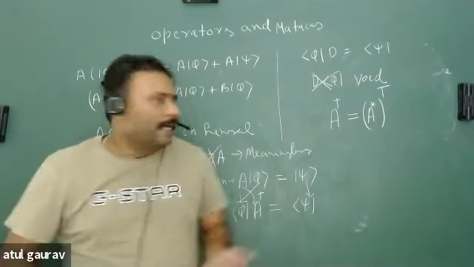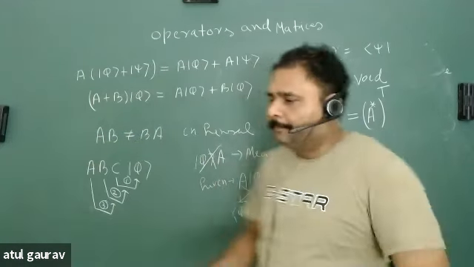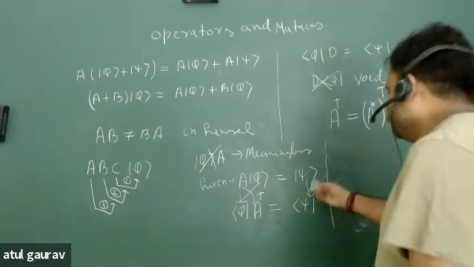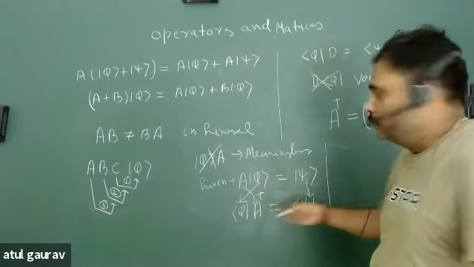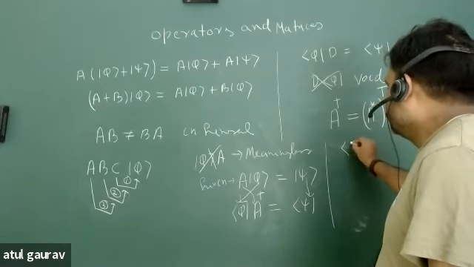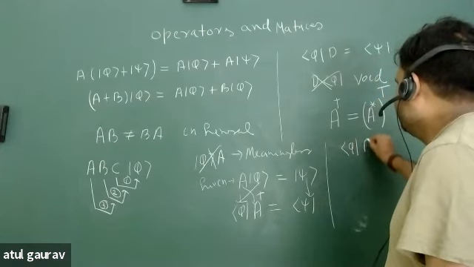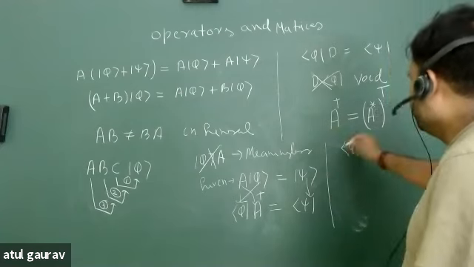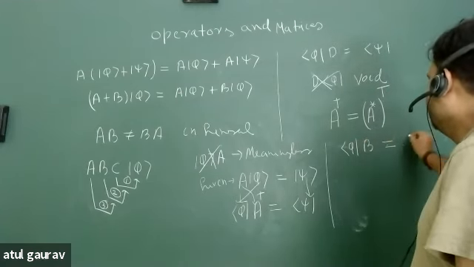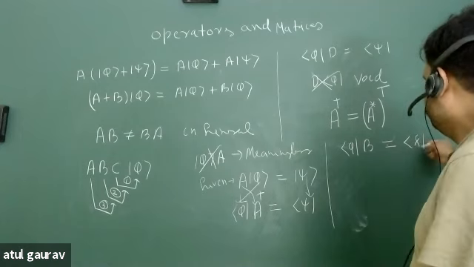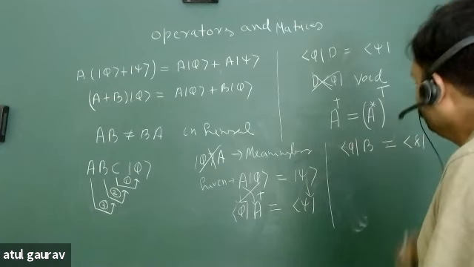Similarly, suppose you have information of bra. Let's say phi bra is there, and operator B operates on bra phi, and you get some new chi.